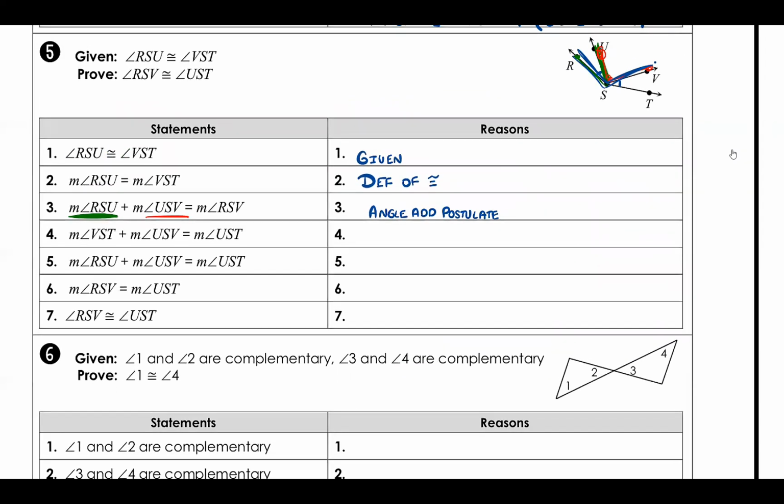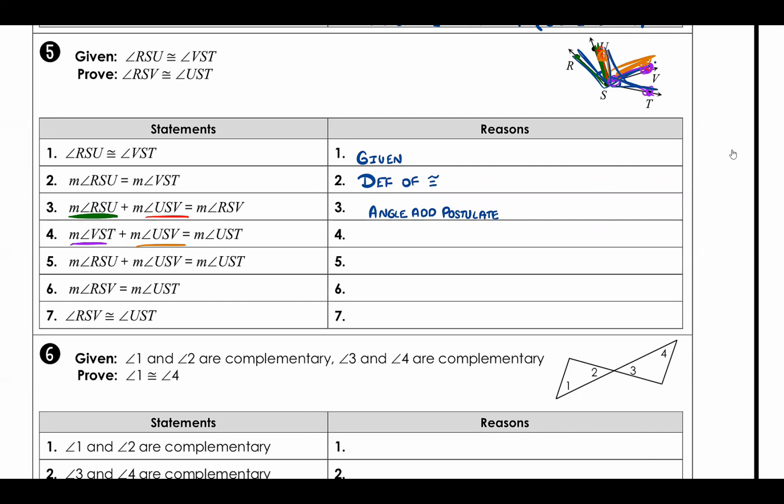What about, I need to switch colors, some purple. VST, so V to S to T. And, oh, it's a terrible color, but we'll use it. USV, what a just awful color, makes UST. Wouldn't that also be angle addition postulate?